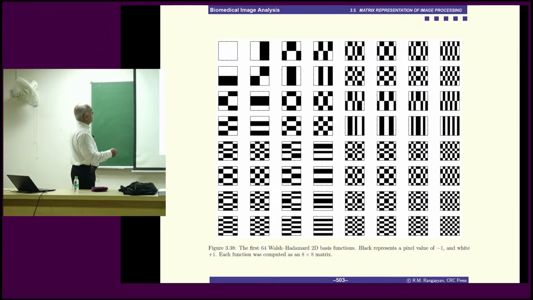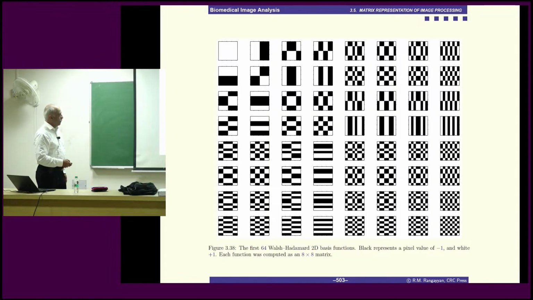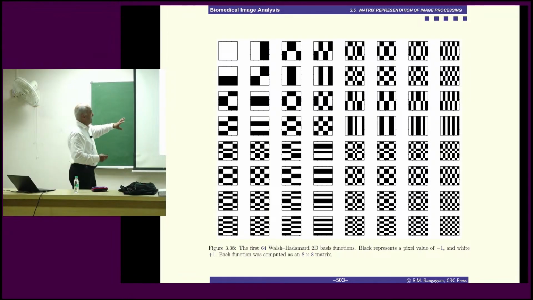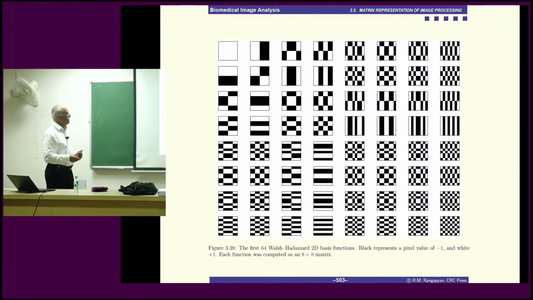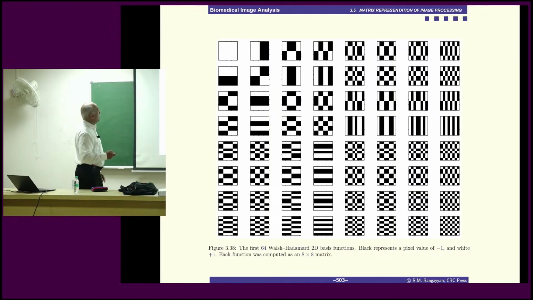Increasing horizontal frequency, increasing vertical frequency in some manner. Compare this with the sinusoids I showed earlier. I wanted to create these patterns. A few books have this, not many books have these pictures. I spent some time creating these in MATLAB. Hopefully they illustrate the nature of these functions. What do they look like?